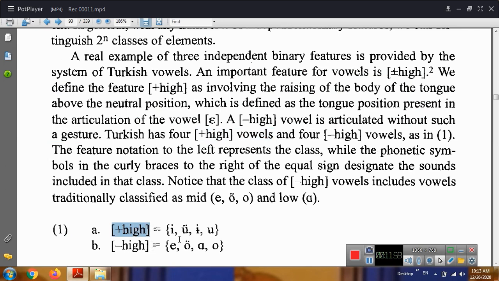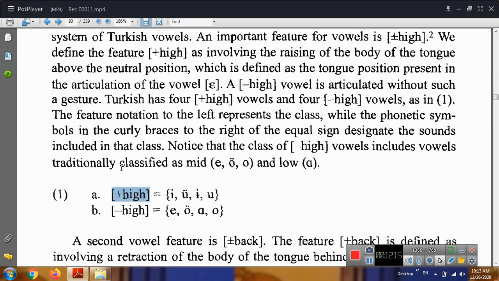The plus high vowels in Turkish are I, Ü, I, U. And the feature notation to the left represents the class, while the phonetic symbols in the curly braces to the right of the equal sign designate the sounds included in that class.